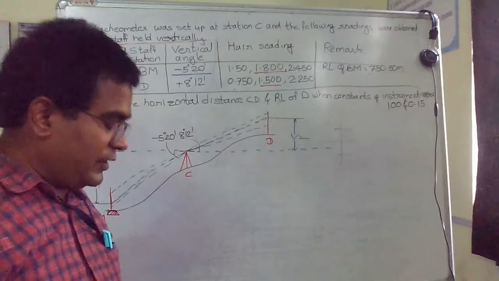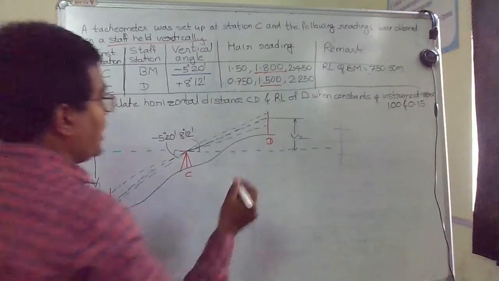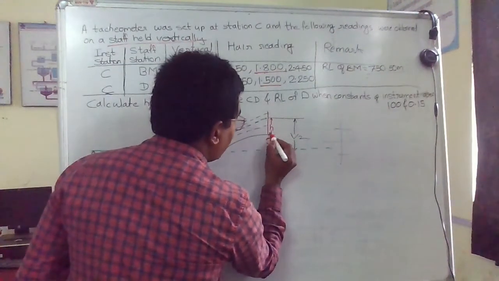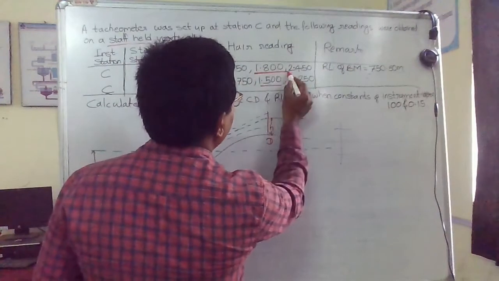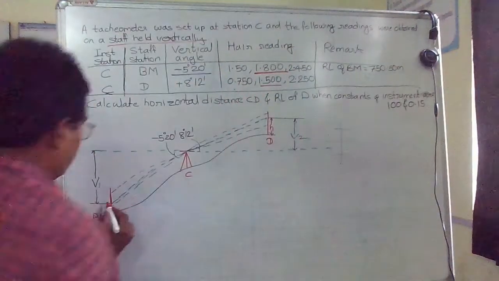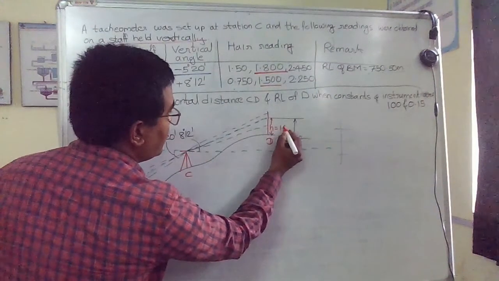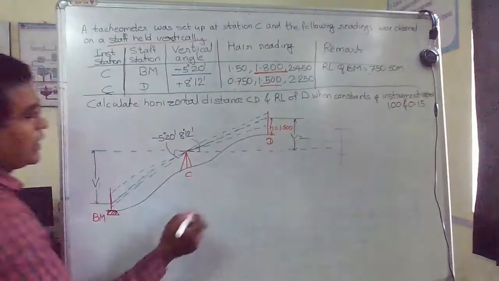One thing more is there. What is that? It is H. H is nothing but the central crosshair reading. The value of H is 1.8 here and 1.5 here. H is equal to 1.5, the central crosshair reading. And what does it denote?